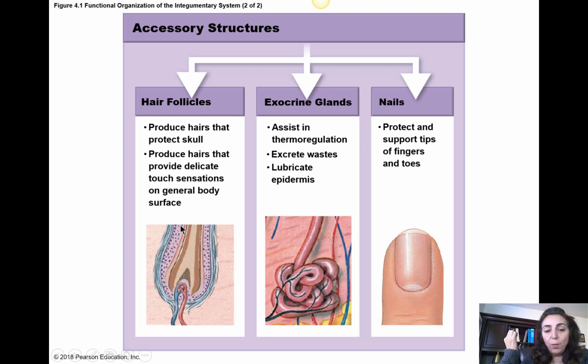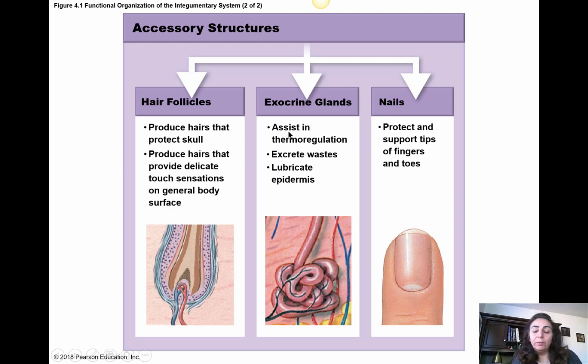Hair is the one that is coming out of the skin and sometimes falls off. Hair follicle is the tissue that we have inside of the skin, around the hair. So those hair follicles protect the hairs, and hair protects the scalp. Hairs also provide delicate touch sensations on the general body surface, right? We're going to talk about those more.